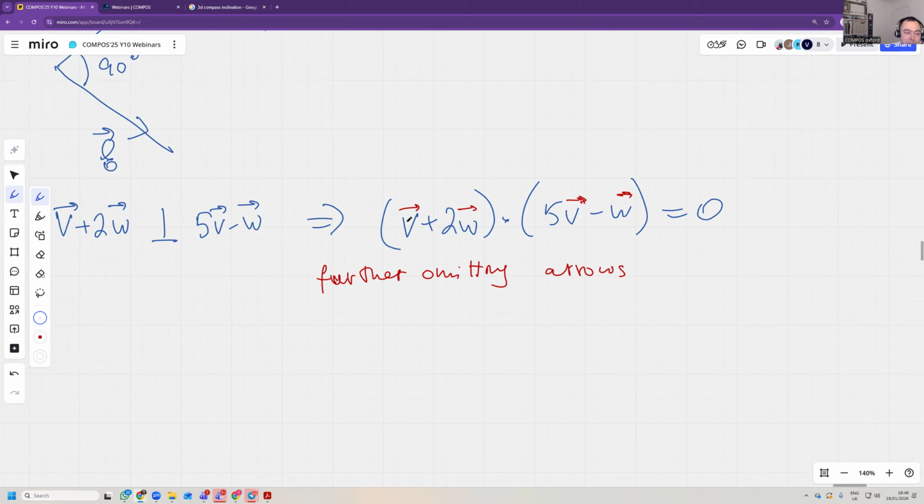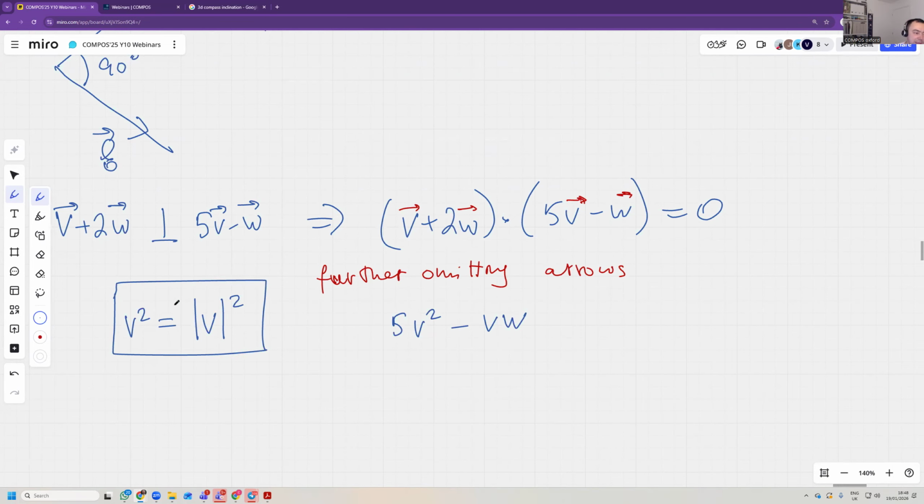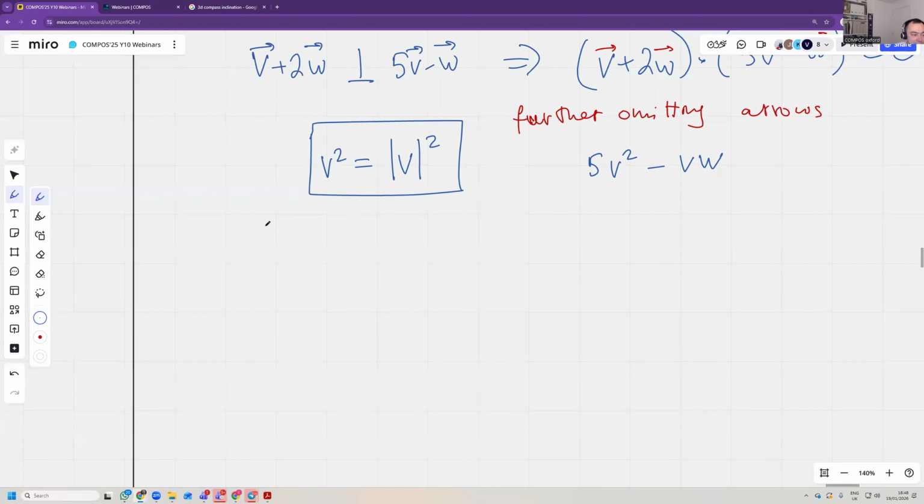So here we're going to have v times 5v, so that's going to be 5v squared, minus vw. So what is v squared? Well, v squared is the multiplication of a vector onto itself. v squared is equal to the modulus of v squared. It's an important property of a vector because it's literally multiplying the vector by itself.